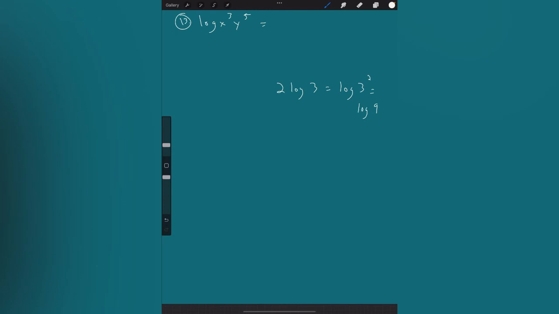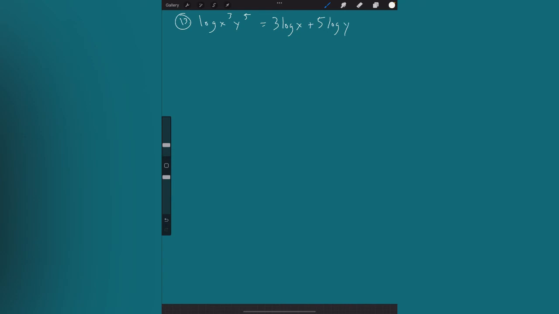Well, in this case right here, I'm going to go ahead and expand this out. I'm going to say 3 log x. I took this 3 and just moved it to the front there. Plus 5 log y. I took this 5 and moved it out to the front.